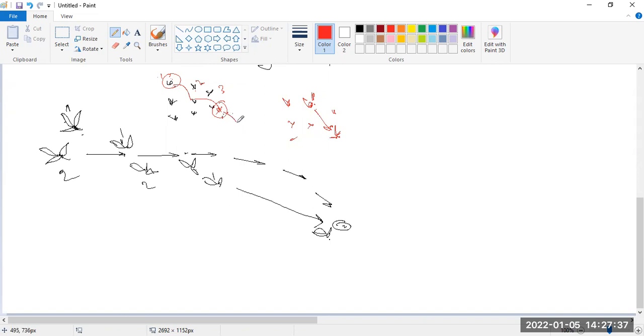But whenever some bird sees, yes, here is some food, that bird changes direction, and all the other birds come behind it. Say this is bird number seven. Bird seven comes first, and all the other birds come behind it, and they easily reach the food.